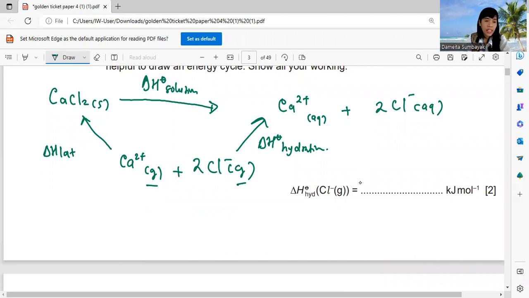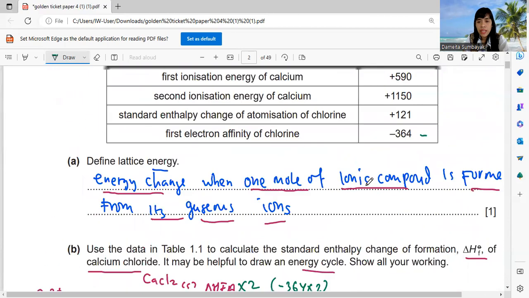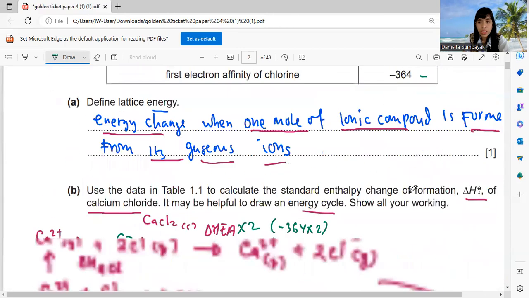You can get the data delta H lattice from the table before. We get the data of negative 2237.